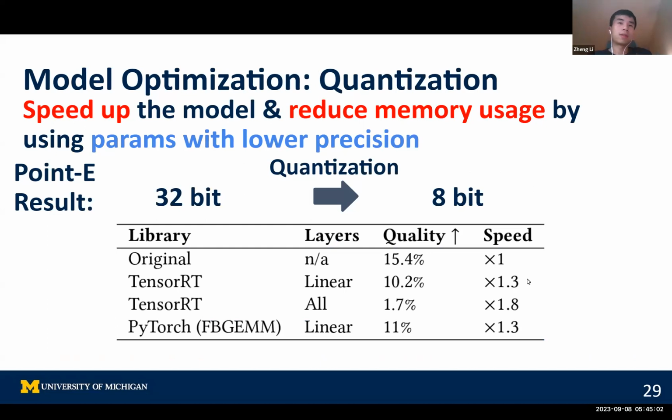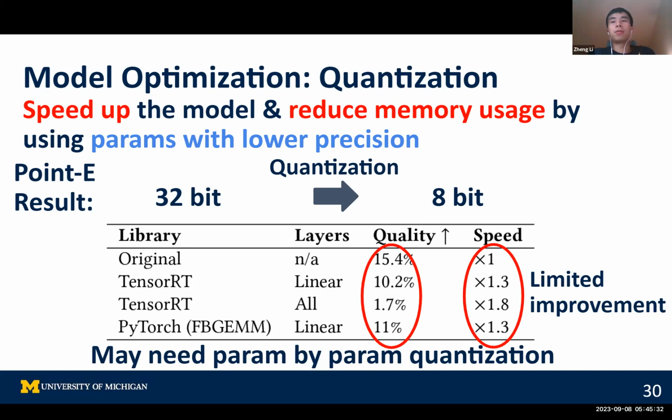For quantization, the key idea is to speed up the model and reduce the memory usage by using parameters with lower precision. For example, initially you may use 32 bits to store the parameters inside your machine learning model, but after quantization, you may sacrifice the precision and just use 8 bits to store all these parameters.